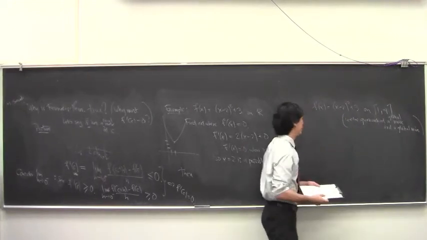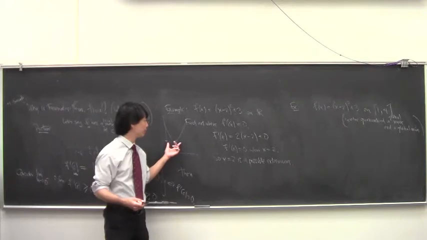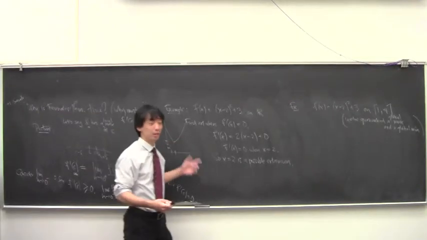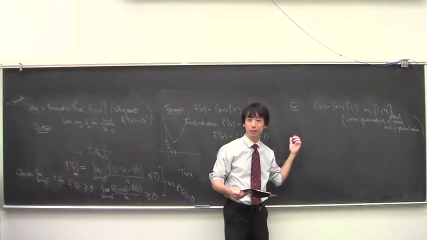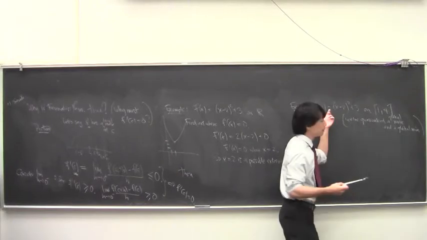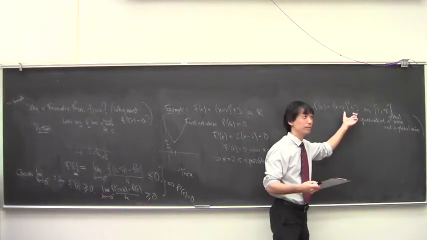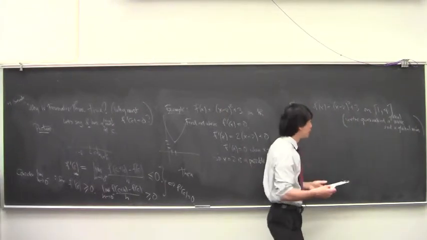In this case, we knew it because we knew about the parabola. But if it weren't a parabola, we wouldn't be so sure. Here we have some function on a closed and bounded interval, and so we know there's going to be a global max and a global min.